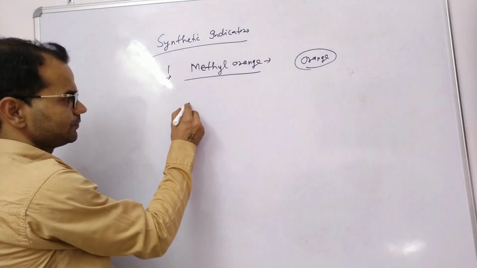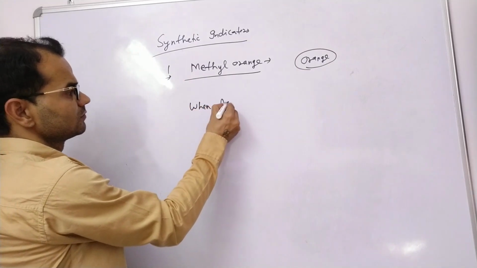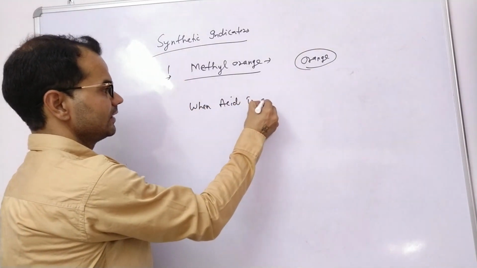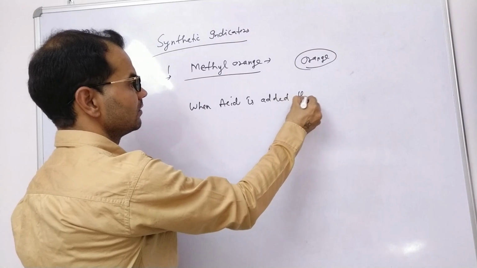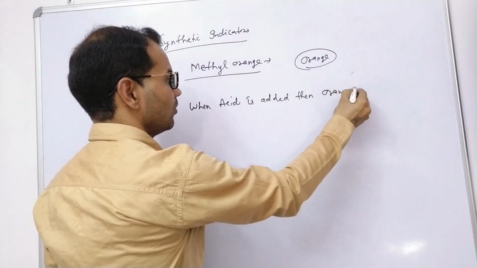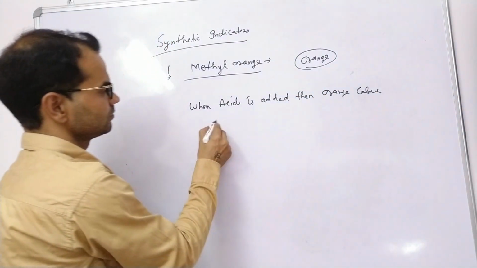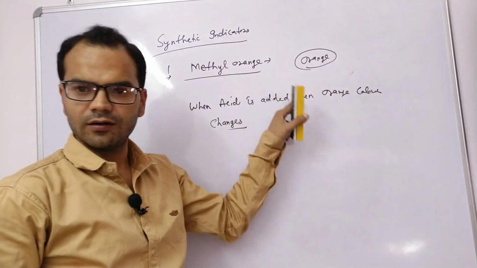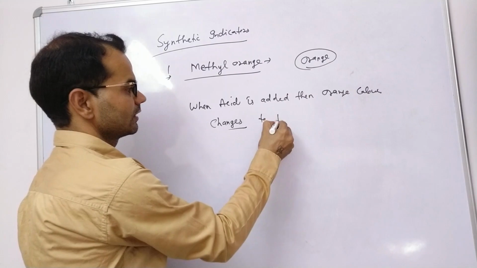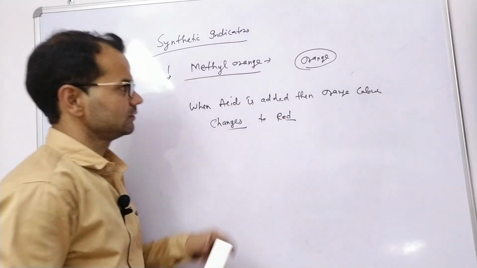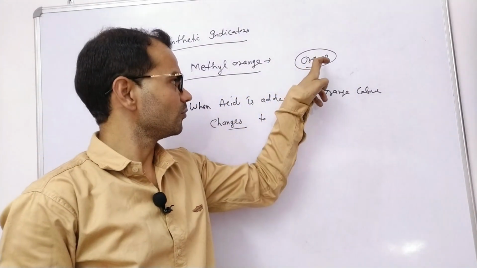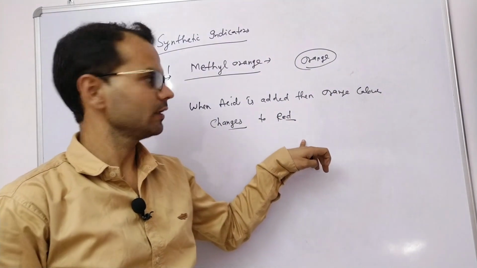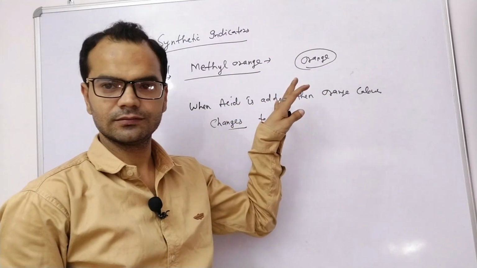When acid is added, then the orange color changes to red. Simply there is a change in color from orange to red when acid is added.